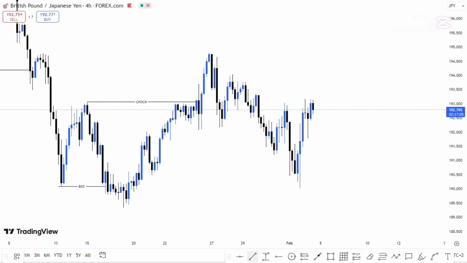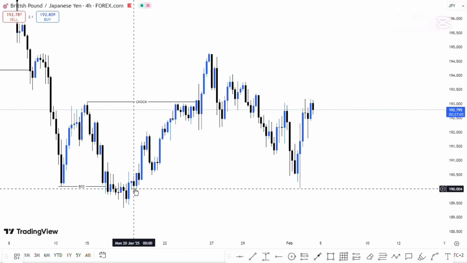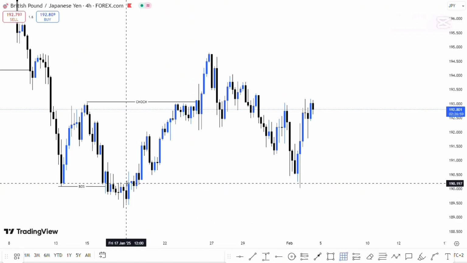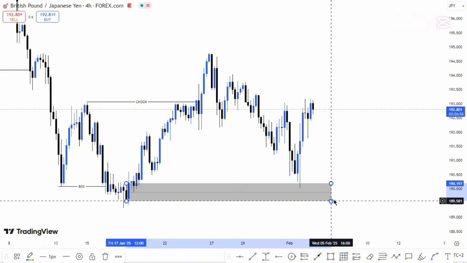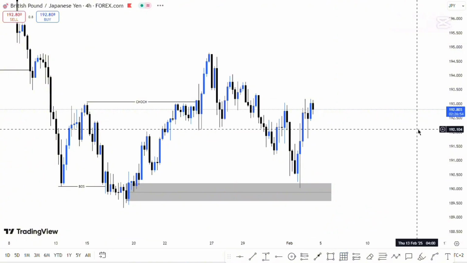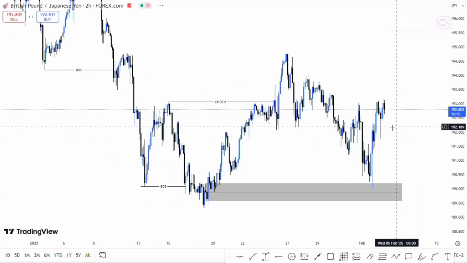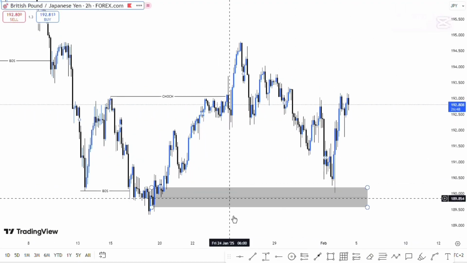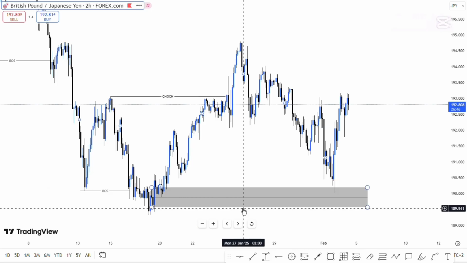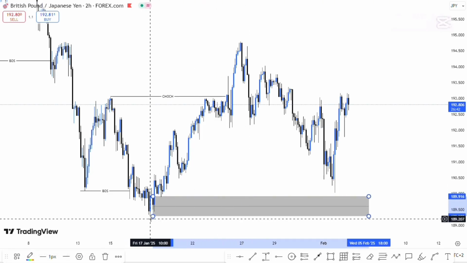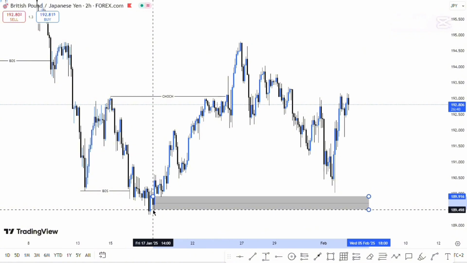And when price did that, we have our origin at this point. This is the 4-hour. Let's move down to the 2-hour time frame. This is our origin.